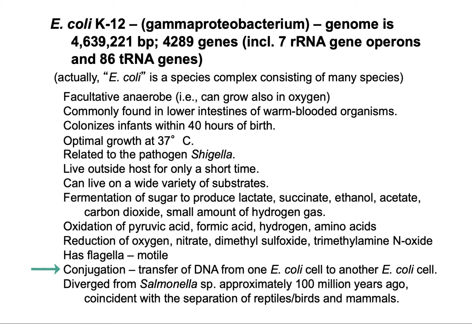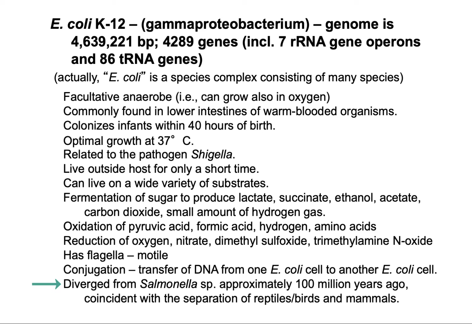It can transfer DNA from one E. coli cell to another. So there's another system that it needs genes for. And it diverged from Salmonella about 100 million years ago. And that's coincident with the separation between reptiles and birds and mammals.